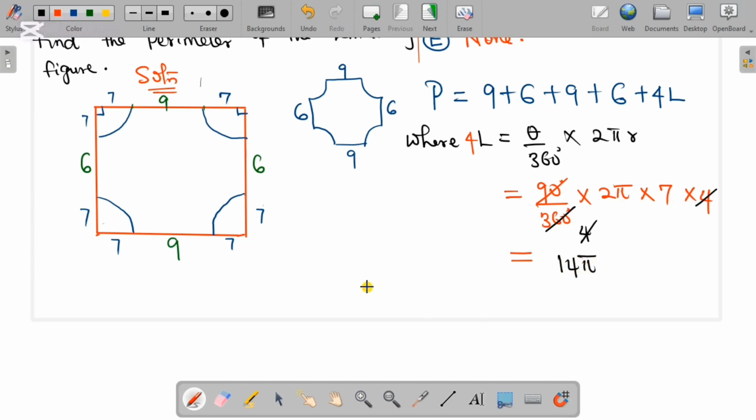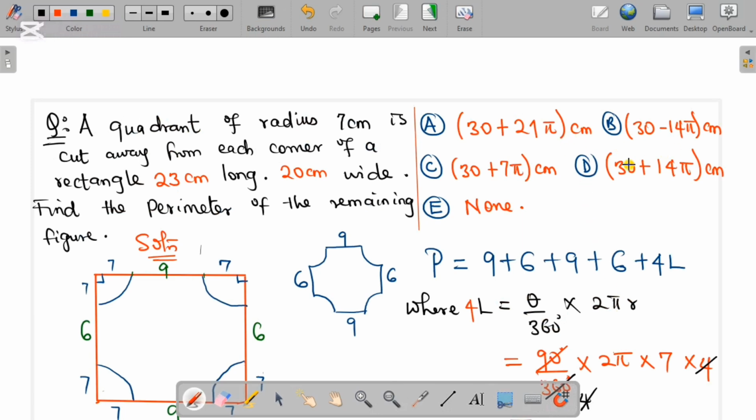So by implication, our perimeter is equal to this plus this is 15, plus this and this is 30. So we have 30 plus 14 pi, all in cm, because our length is measured in cm, and that is the solution.